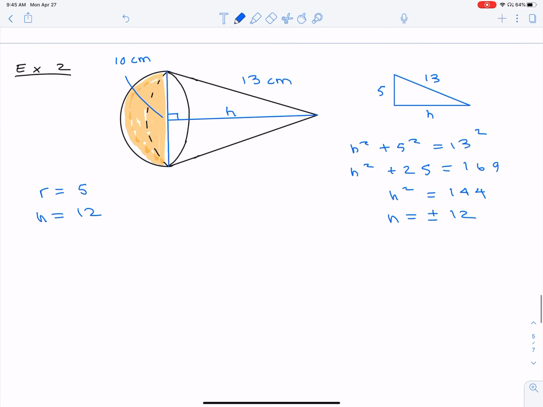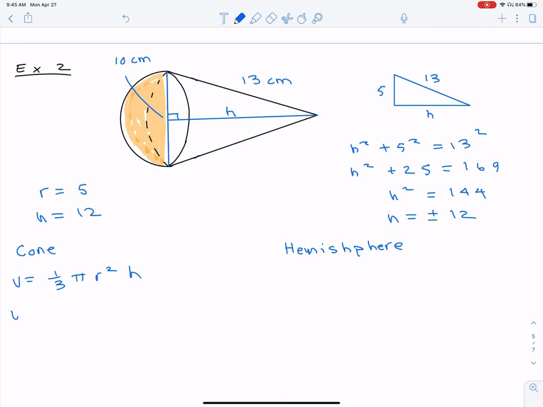So we are ready. Let's start with the easy part, the cone, because that's what we did the other day. I'm going to have cone here, and I'm going to have hemisphere, that's half a sphere, H-E-M-I-S-P-H-E-R-E. I think that's how you spell it. Let's start with the cone first. So volume equals 1/3 pi r squared times h.